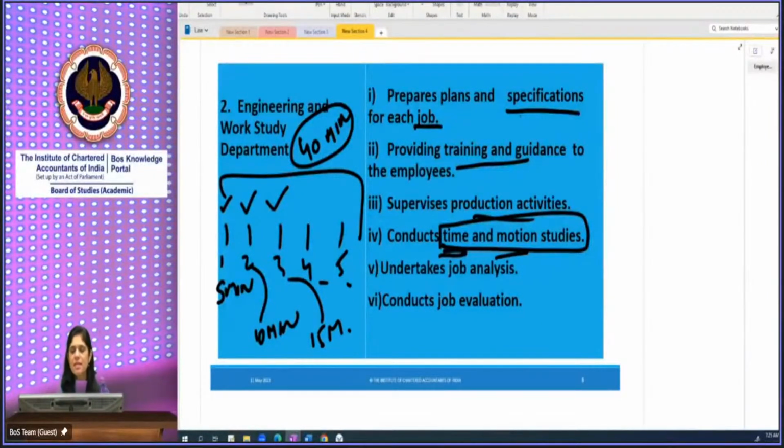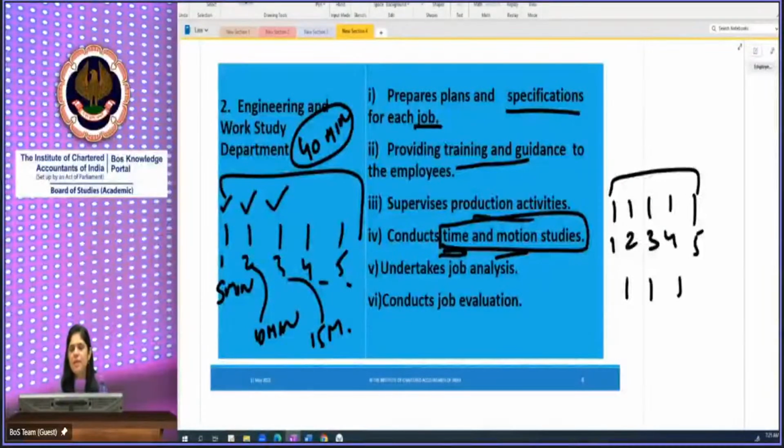Motion study is, let us say there are 5 activities again, activity 1, 2, 3, 4, 5. Motion study will see the movement. Why are these 5 activities happening? Can't these 5 activities be made just 3 activities? So motion study will actually monitor the movement of men or the workers or the machine or the material.